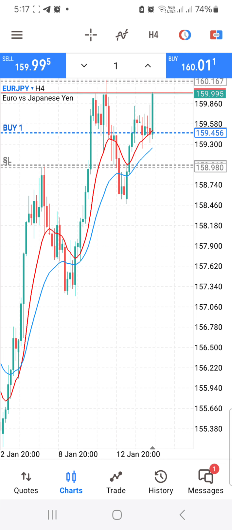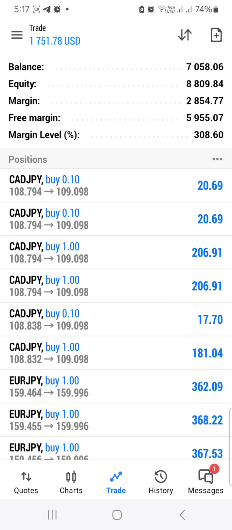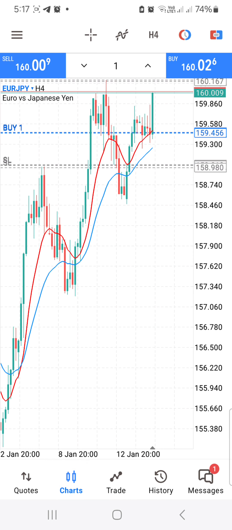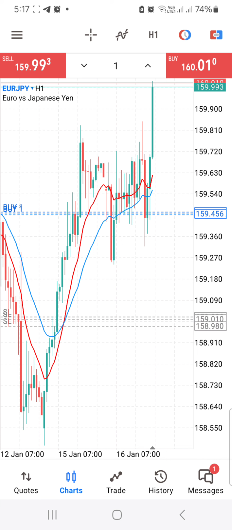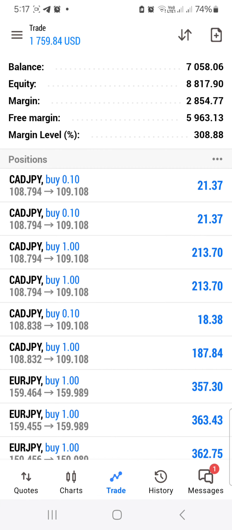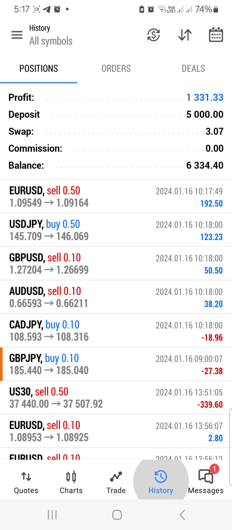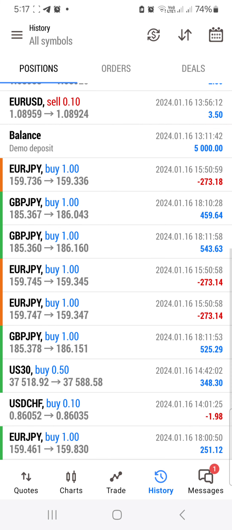So I wanted to leave it and let it take my profit, because I'm sure of this stop loss and this signal. But I'm feeling tempted to close my trade with you guys. Yeah, I think we just have to close this trade together.